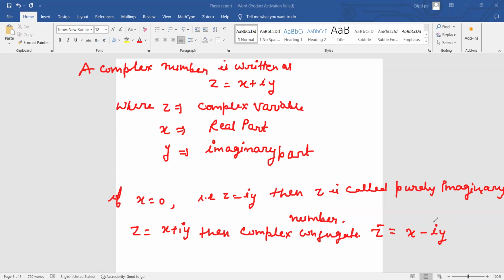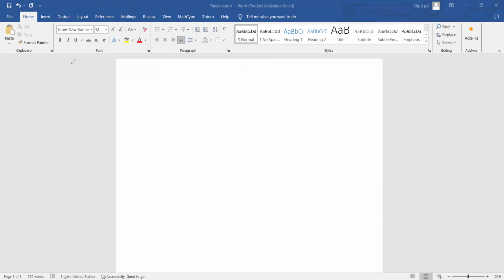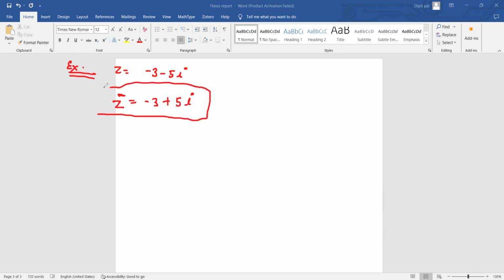Is it clear? Okay. So we move to next. For example, if we have a complex number like minus 3 minus 5i, then its complex conjugate will be minus 3 plus 5i. This is the complex conjugate.